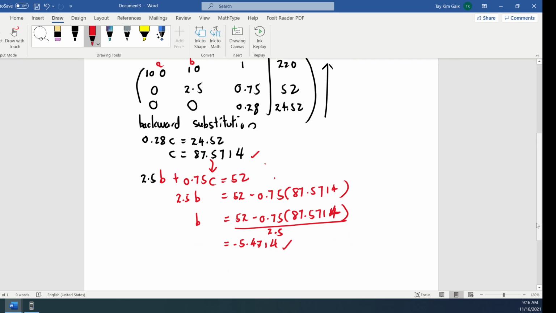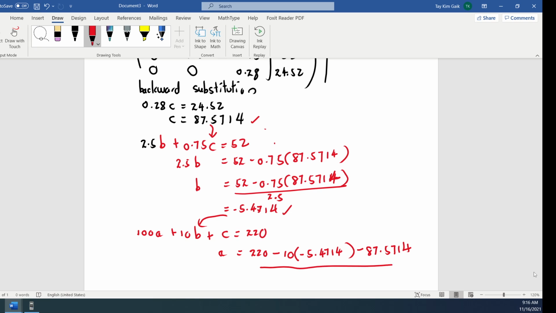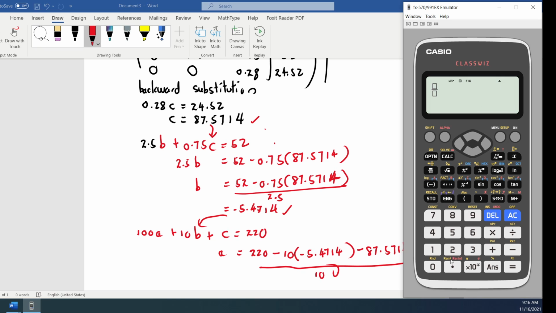Now you plug B and C into equation 1, which reads 100A plus 10B plus C equals 220. So A will be 220 minus 10B minus C, divided by 100. Plug in the B value, negative 5.4714, and C, 87.5714.